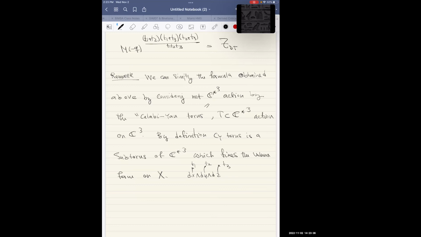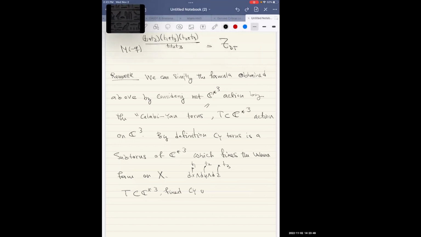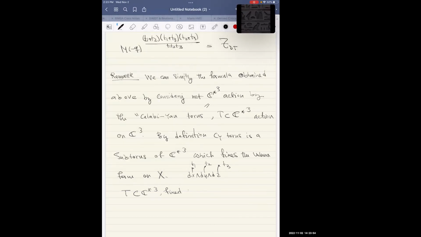So the torus, which is a subtorus of C star cubed, which fixes the volume form, is given by combinations of T1, T2, T3 such that the weight of this object as a whole, after being dilated by the action of T1, T2, T3, does not change.